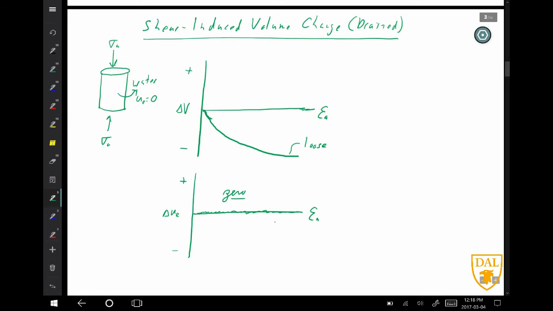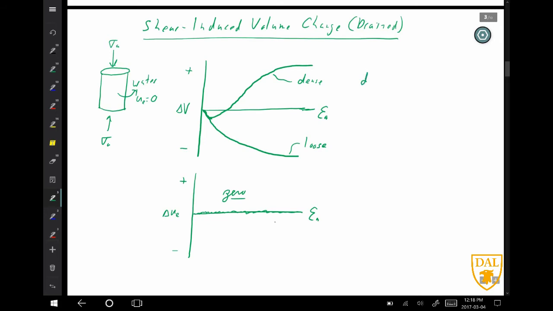So it compresses a bit and then it changes direction and dilates. Okay. And that's a dense sort of sand or other type of granular material. Okay.